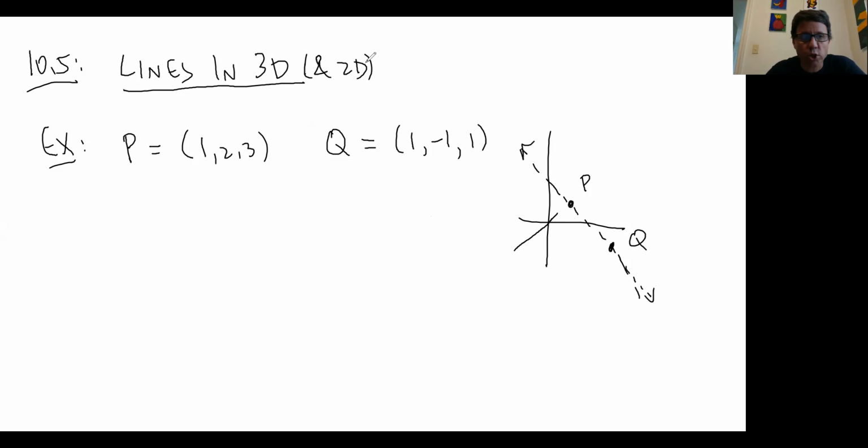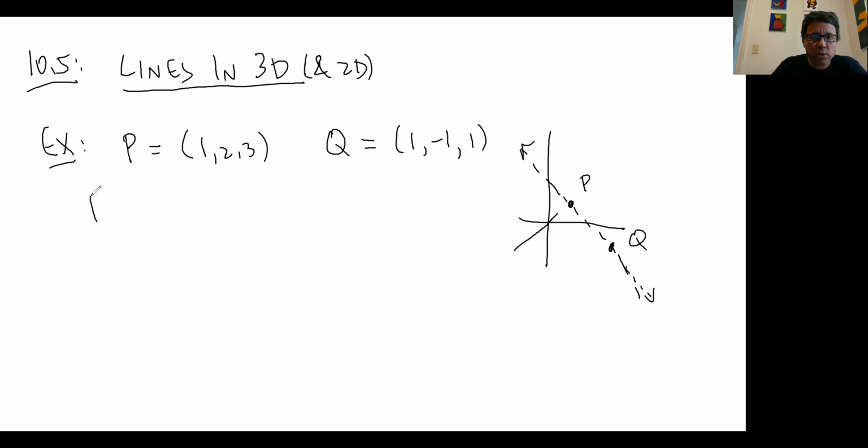Well, in 2D, what did you do for slope? It was like rise over run. Or you just think about it, I go over and up. Well, it's pretty similar to that in 3D, except you don't just go over and up, you go out. So there's like a third component of the slope, and they don't call it the slope anymore.